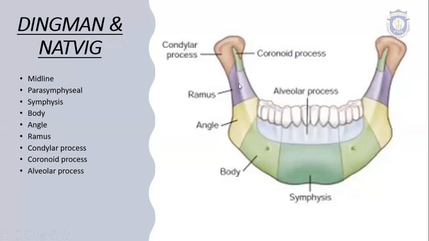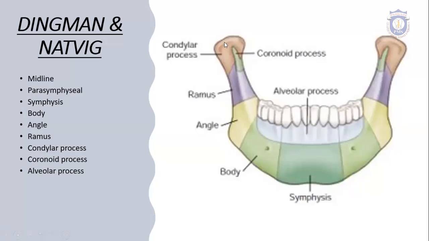The ramus, as you can see in the diagram, extends up to the subcondylar region, excluding the coronoid notch. So that is the area of the ramus. Below that comes the angle. Forward comes the body, parasymphysis and the symphysis. And of course, on top of it, we have the dentoalveolar or the alveolar process with the teeth sitting on top of it.